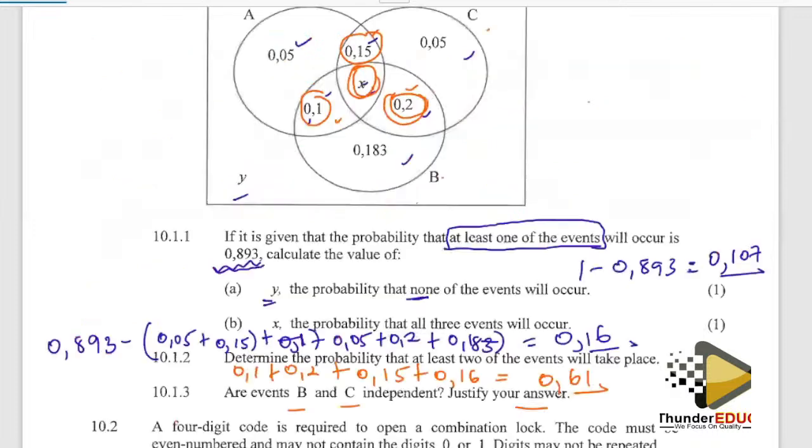Okay, so when we look at B, B is going to be everything, which means it's going to be 0.183 plus 0.2 plus the 0.16 for X plus the 0.1. I'm getting 0.643.